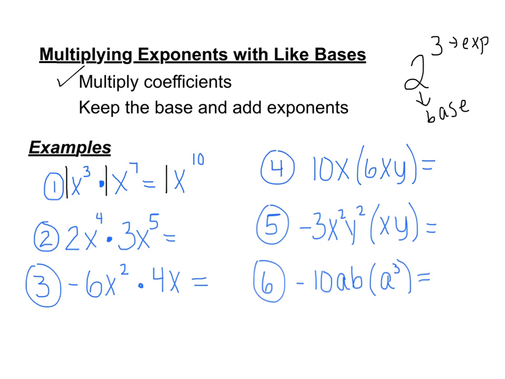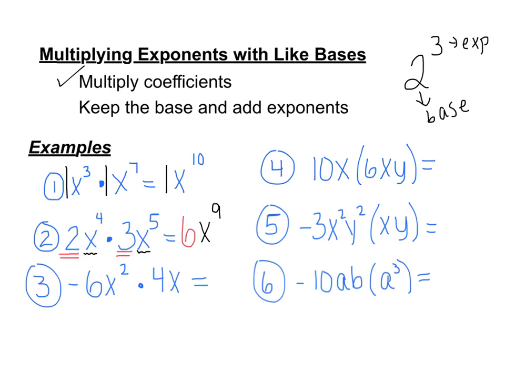Okay, example number 2. Multiply the coefficients. So my coefficients are 2 and 3. So we multiply those, it gives you 6. And then we keep the base, that's the same, the base is x, and I add those exponents. So 4 plus 5 makes 9.